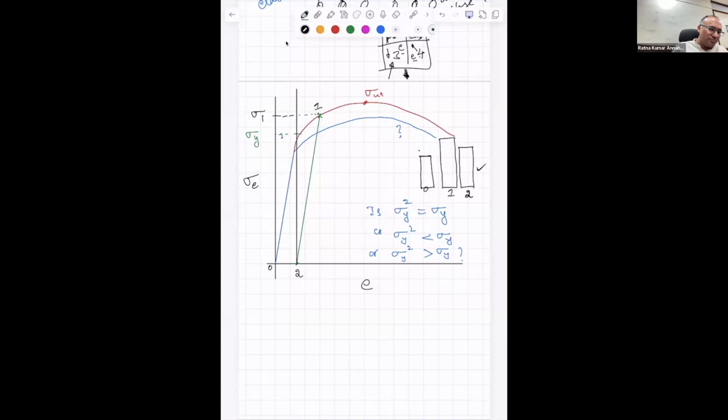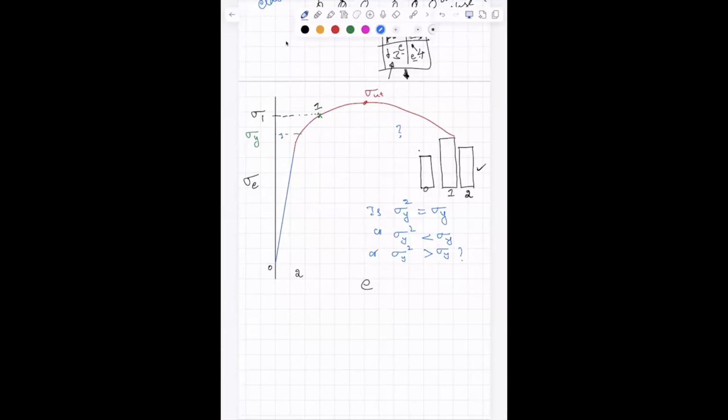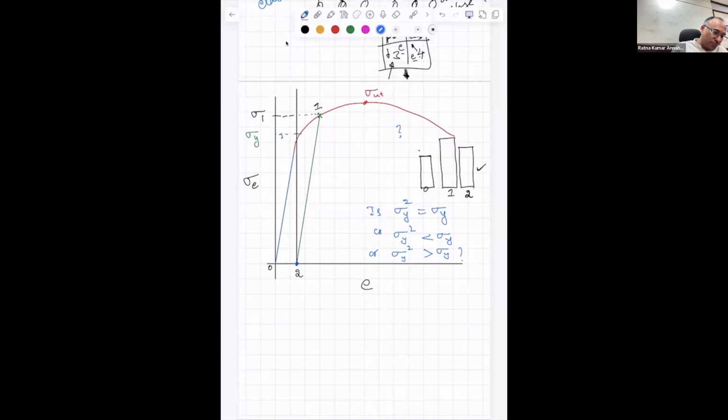If my origin is this, now I am starting here, it is 0. Now tell me how the curve should look like. Sir, it should follow this green line from 2 to 1. It should follow the green line up to what? Up to sigma 1, sir.